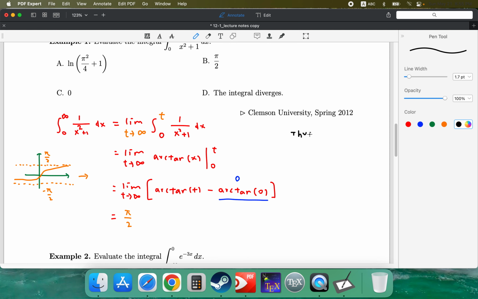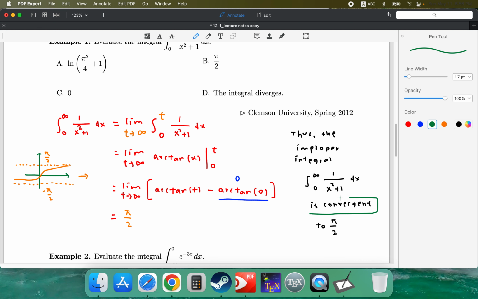So thus the improper integral from 0 to infinity of 1 over x squared plus 1 dx is convergent to pi over 2. Of course, if you want, you can use the verb converges: converges to pi over 2, or is convergent to pi over 2.